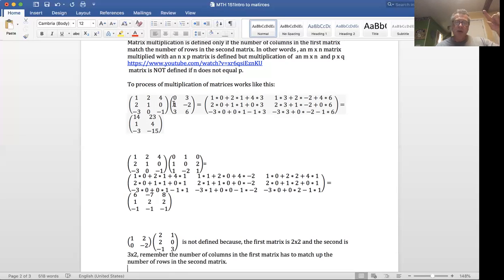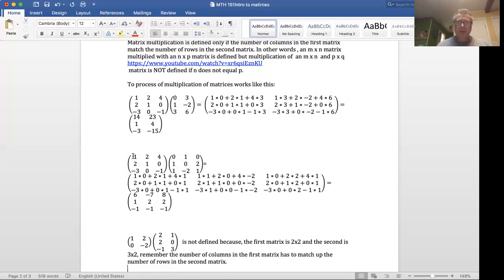So basically the result is going to be the number of rows in the first, number of columns in the second. So the result's going to be a 3 by 2. So this is 3 by 3. So we don't have to worry about it not matching up.